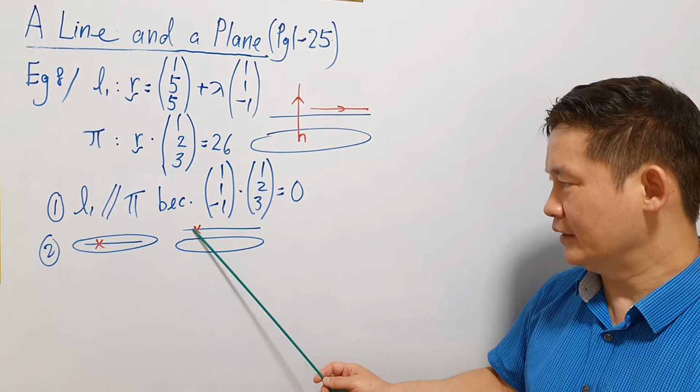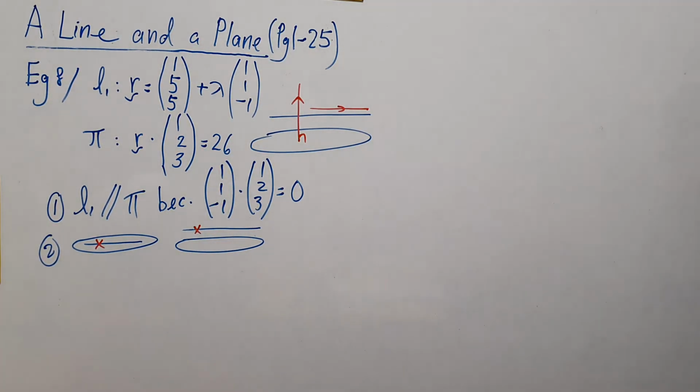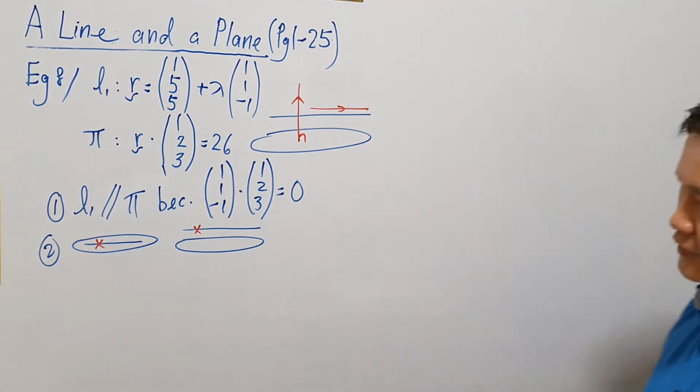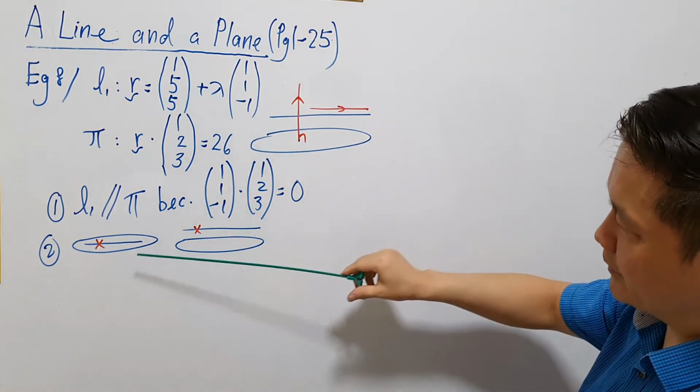If this were to happen, then the line is just parallel but not on the plane at all. So how do you check whether or not it is this or this? You simply check whether or not this point is on the plane.